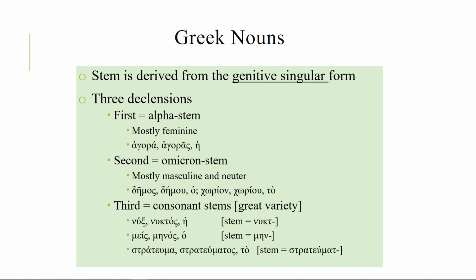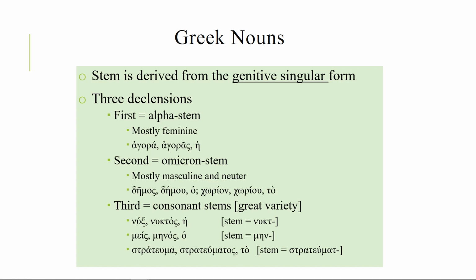Nuktos, of course, meaning night, nocturnal. Menos, that's where we get words like menstruation or things like that. Strateuma becomes strateumatos, so you would have no clue that you get an alpha tau stuck on the stem. So in the third declension especially, it's very, very important to see what the genitive singular form is, because that's going to give you the stem for the rest of the declension.